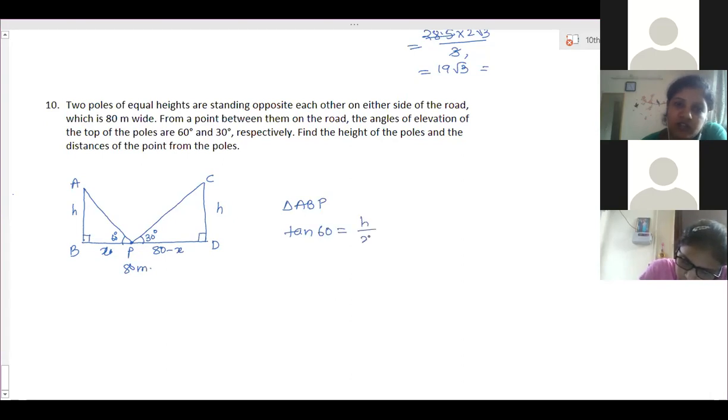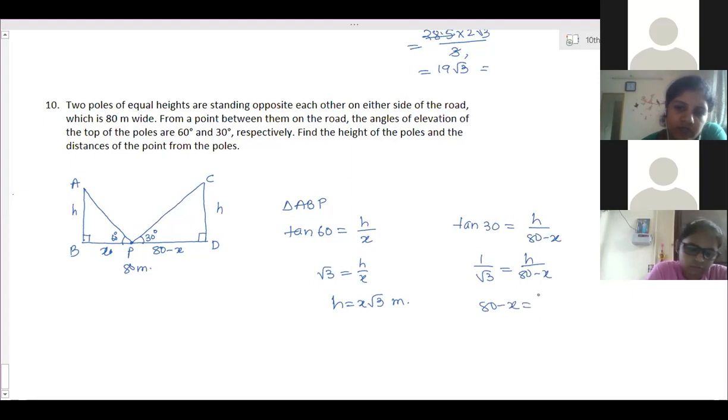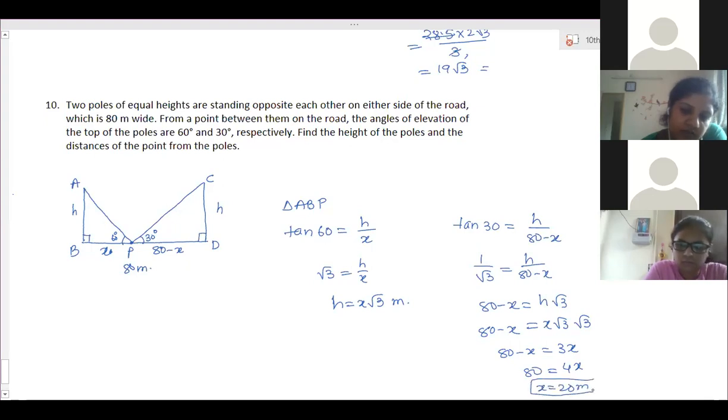Tan 60 is equal to H by X. X is equal to 20 meters.